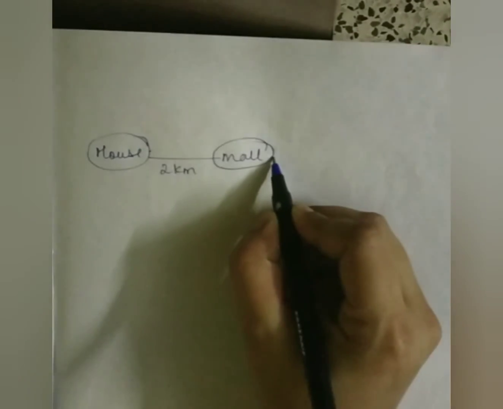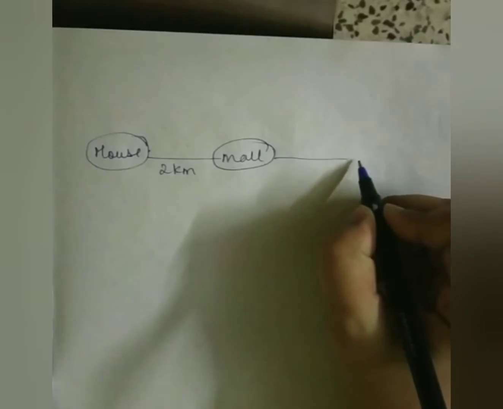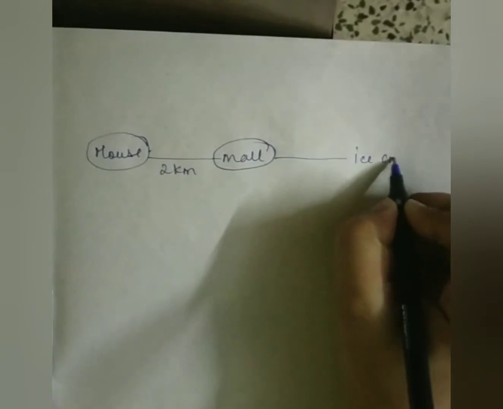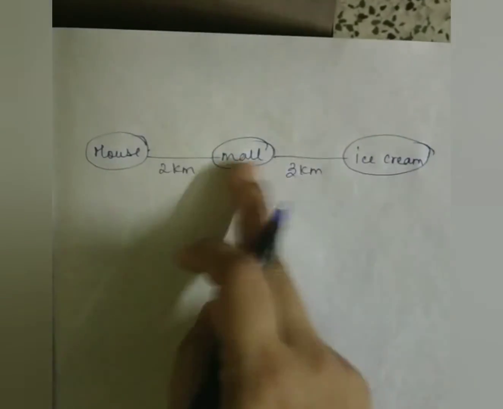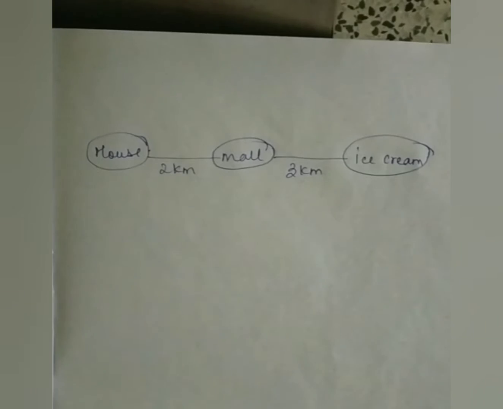Now at 1 p.m. you traveled to an ice cream parlor which was around 3 kilometers away from the mall.